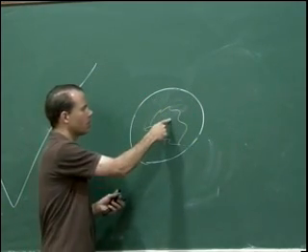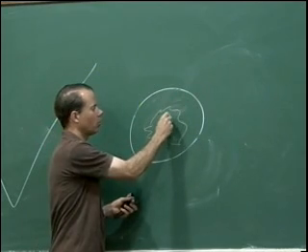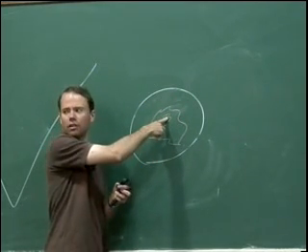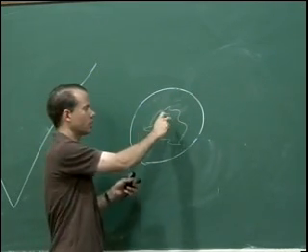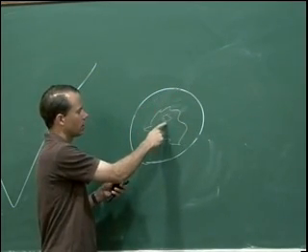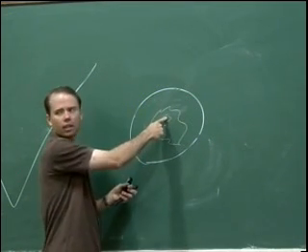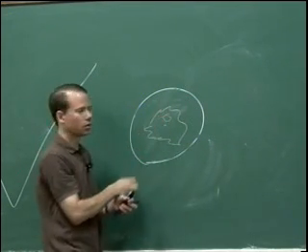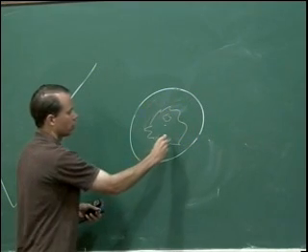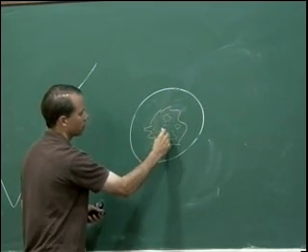But not only that, there may be things inside here. There may be a little hole here because there are points in here that are further from 1. Because there could be a big mushroom or something. It could get really big here. So it may be that I can get to all these points around here faster than I can get to points in this little hole. So the boundary of a unit ball will not be connected necessarily.